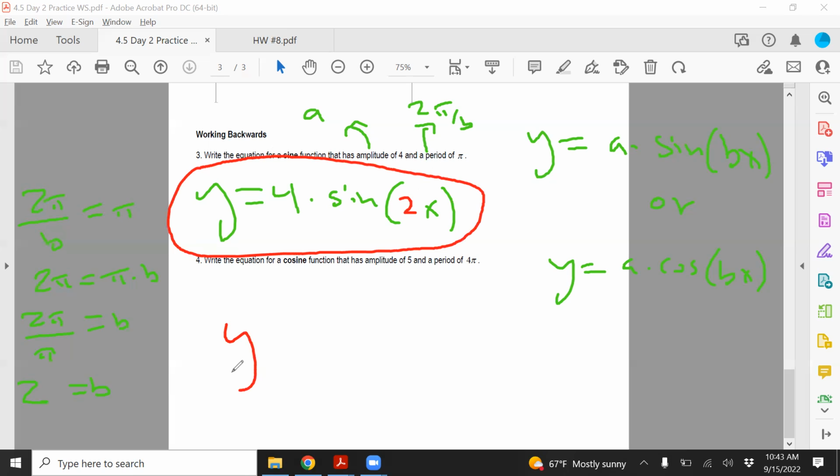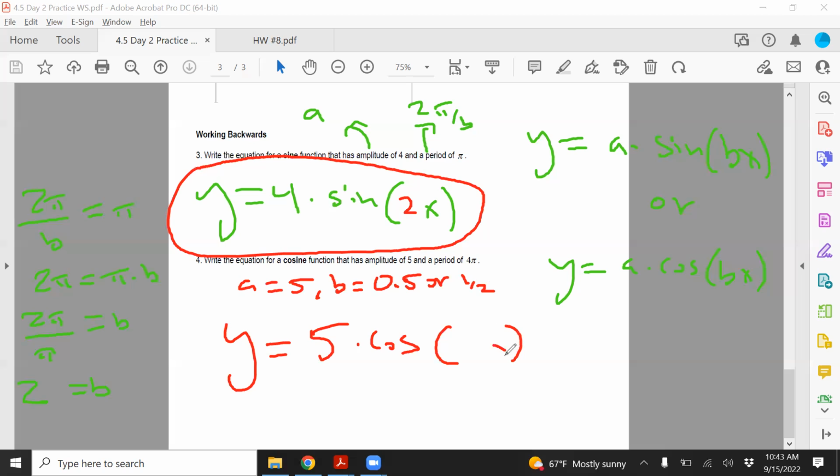Okay, next up, y equals 5 times cosine, because A is going to be 5 here. Well, what's B going to be for this one? 0.5. Yeah, 0.5 or 1/2. Now let's see how Teo got that.